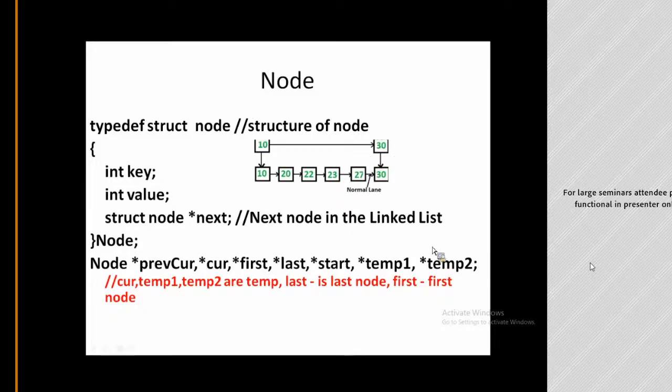So temp2's value is higher than the search value, right? So from temp1, I come down and start proceeding like this. Okay, so that's the reason why these are temp1 and temp2.